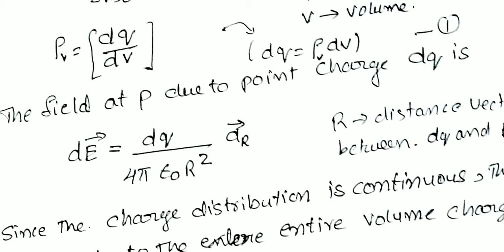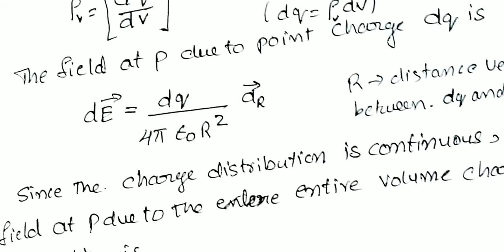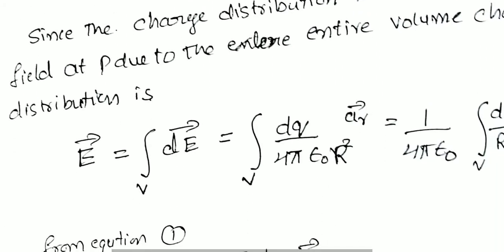If n number of charges are there, to get the equivalent electric field we combine the electric fields of all the charges. Here also we are doing the same, adding the electric field of the charges distributed in the entire volume. Because it is continuous, instead of summation we use integration.